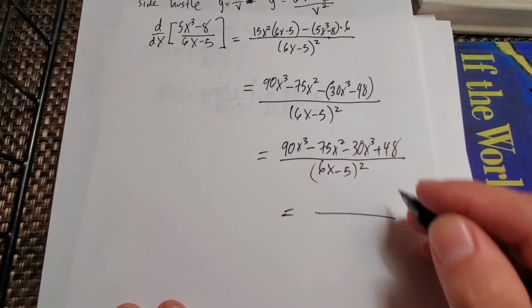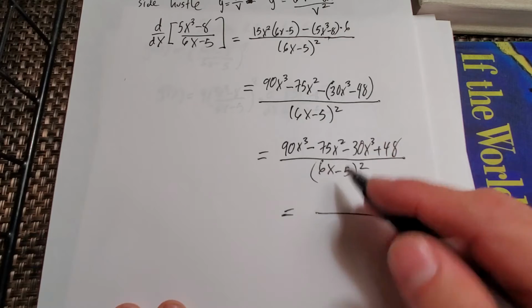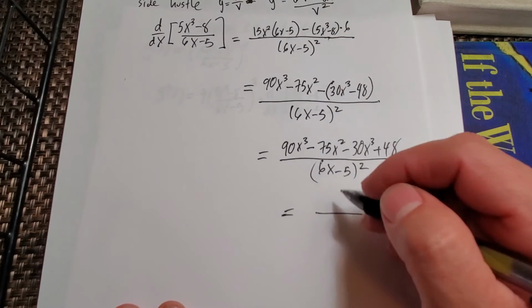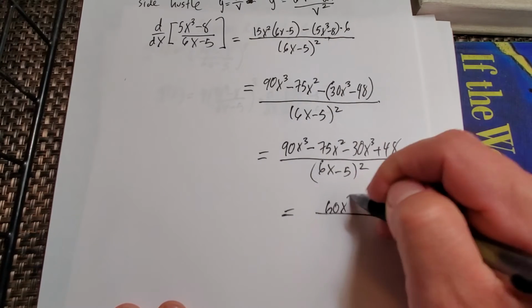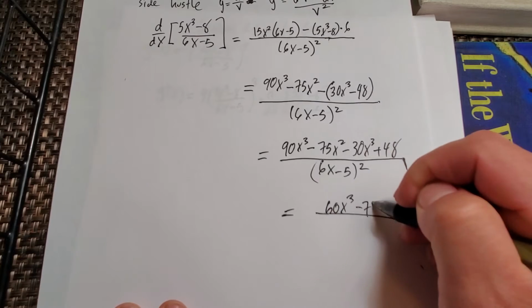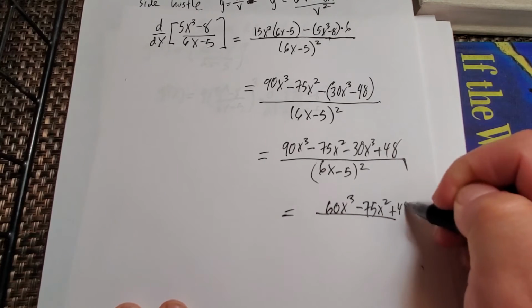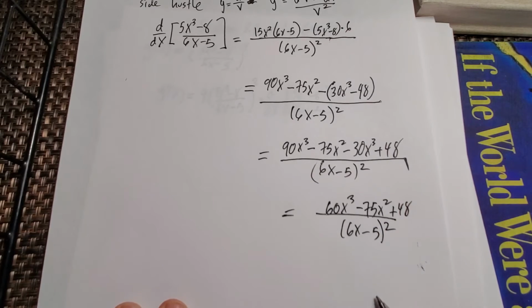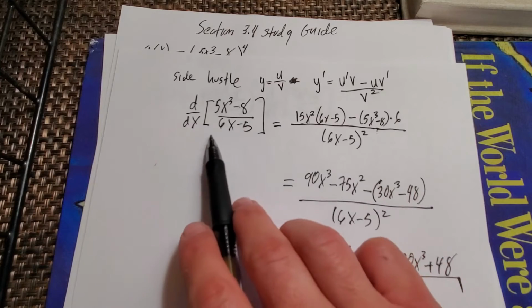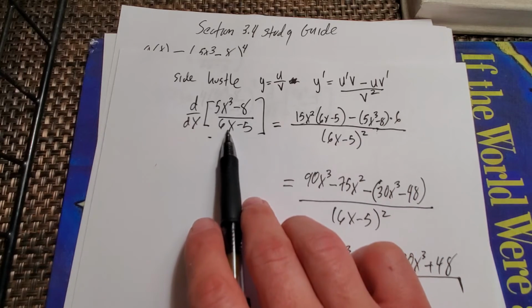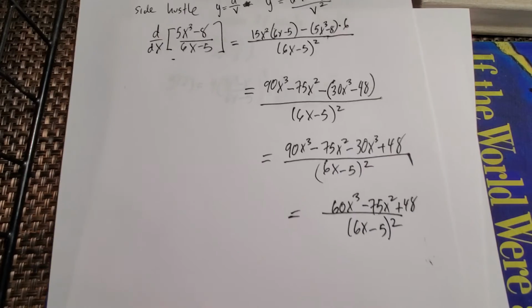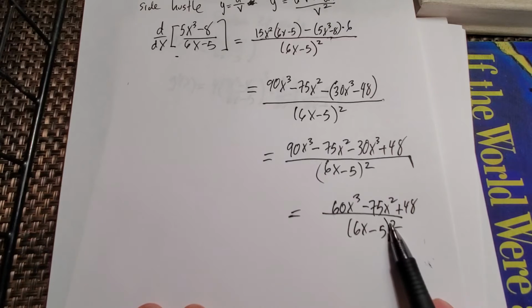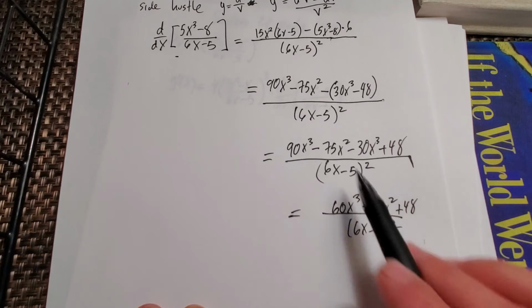So the final version of this expression is going to be 60x cubed minus 75x squared plus 48 all over 6x minus 5 squared. Well, what was this? Remember, this was just the derivative of the inside, in which we had to use the quotient rule. So that should be just the derivative of the quotient rule part that we did.